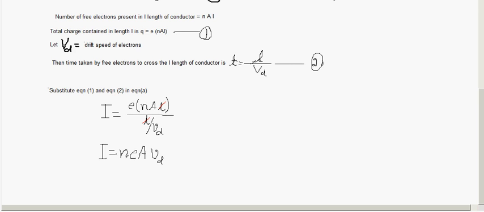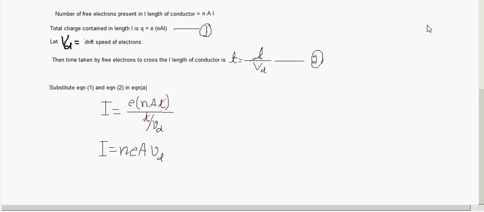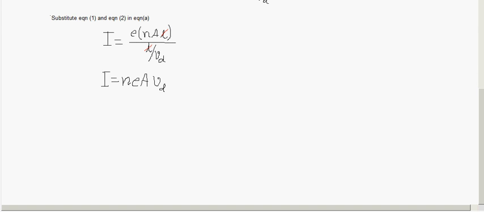Now current density J is I by A. So J, current density, is equal to n into e into Vd.